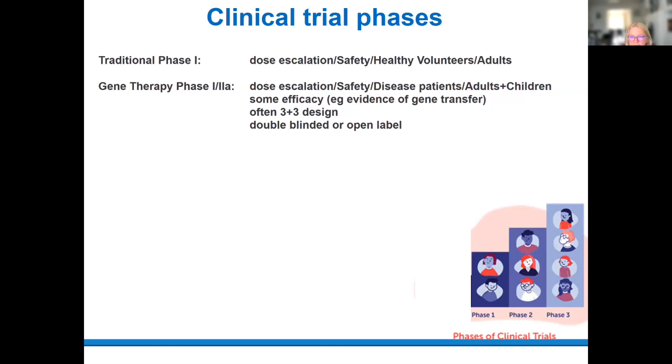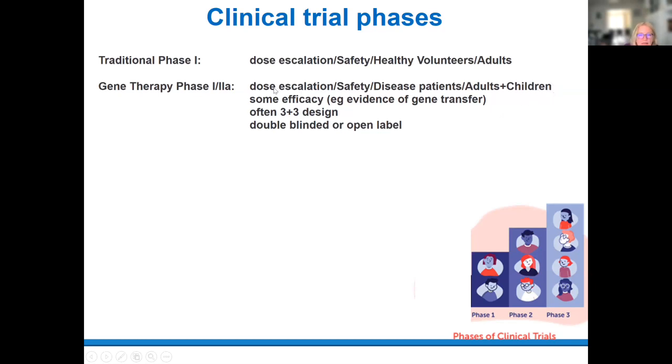Gene therapy trials are almost never done in healthy volunteers. They're always done in the affected disease population. And if you are looking at a disease where, for example, children would die if they're not treated, you can do early phase clinical trials in children if you don't have any other options.